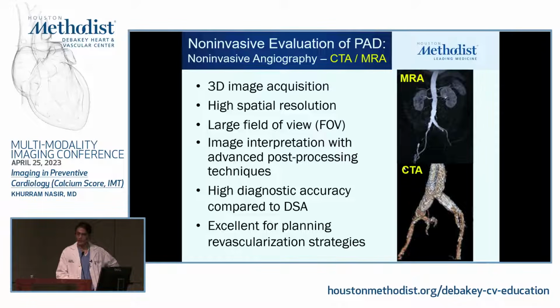It has a large field of view, so we're able to see accompanying organs and things like that. We have a lot of tools and tricks to help us visualize stenoses, to be able to accurately make a correct diagnosis.